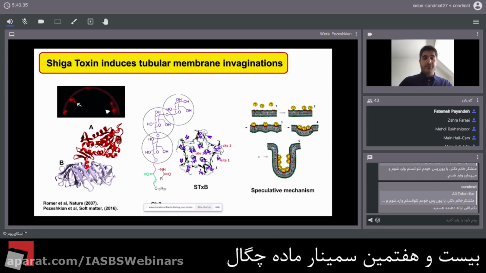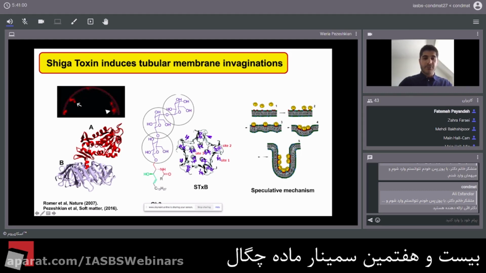It exploits cellular molecules on the surface of the plasma membrane, GB3, as a receptor. They bind to it, up to 50 of them. They induce a curvature, and then they cluster, and then they induce tubular membrane invagination. But it's not clear how this whole process happens.